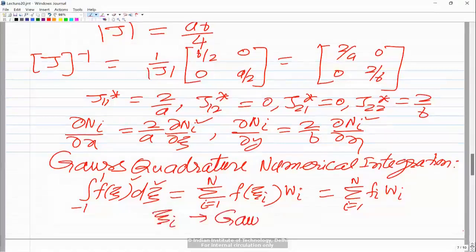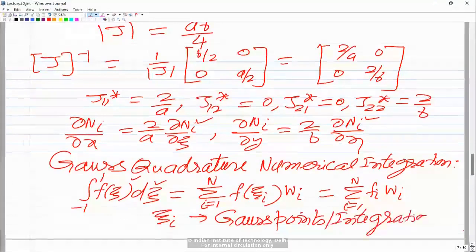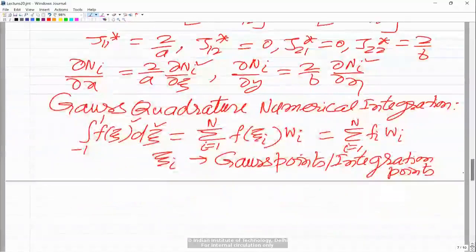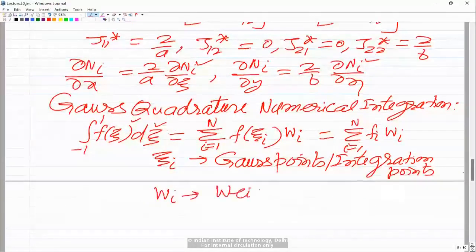Why integration points? Because by evaluating the function at these points we are carrying out the integration. And the wi is known as the weight factor, so these are weight factors. In place of d xi we are taking these weight factors.